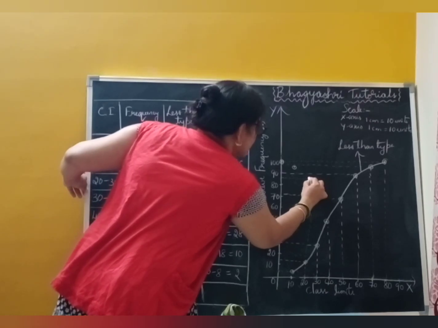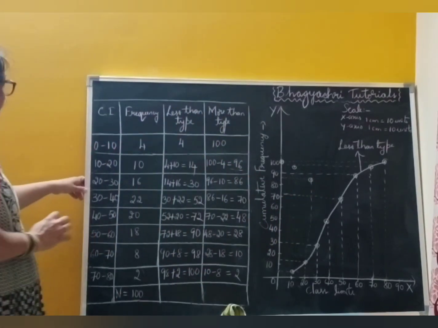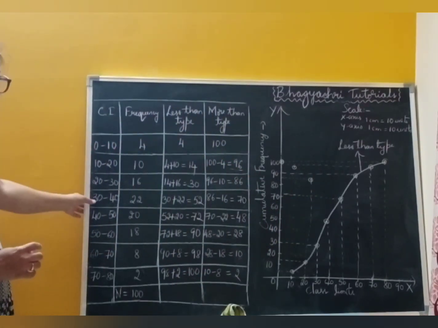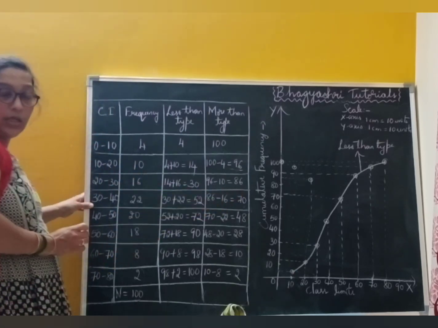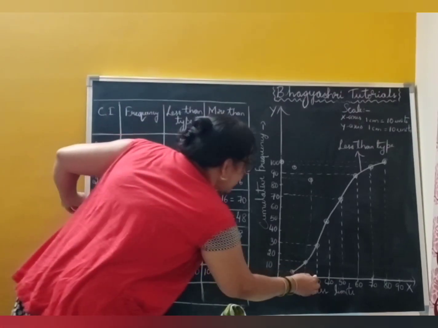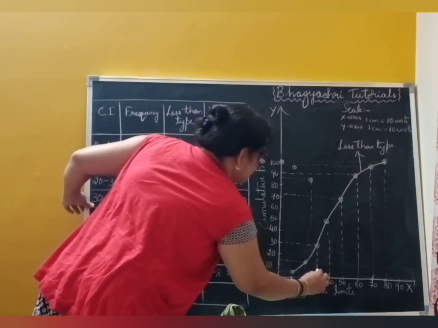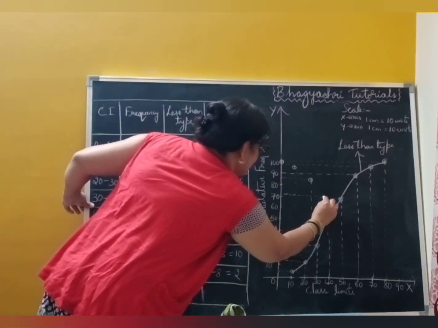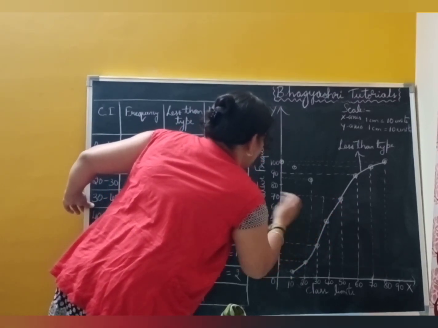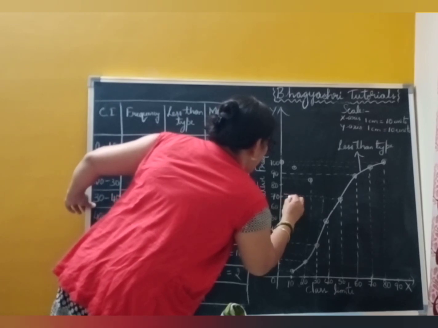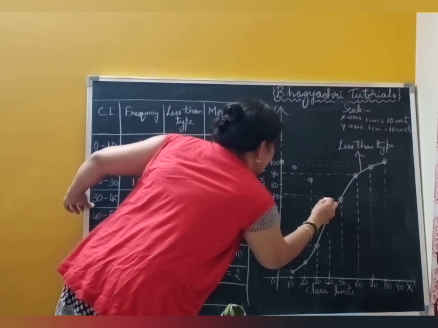Next, for 30, the corresponding more than type frequency is 70. So for 30, it is 70.